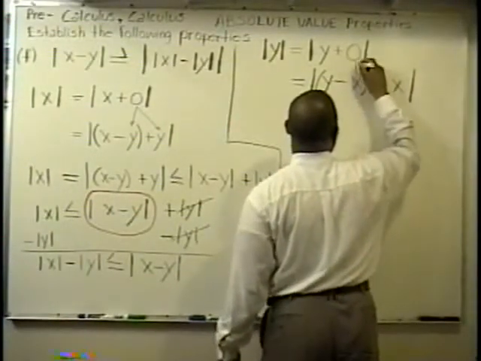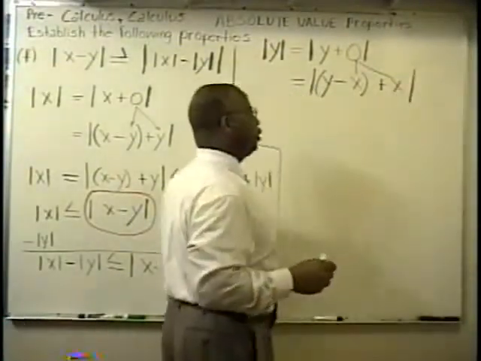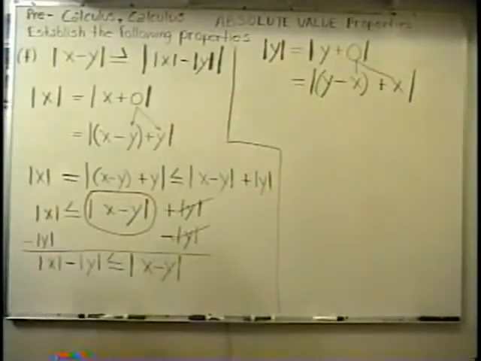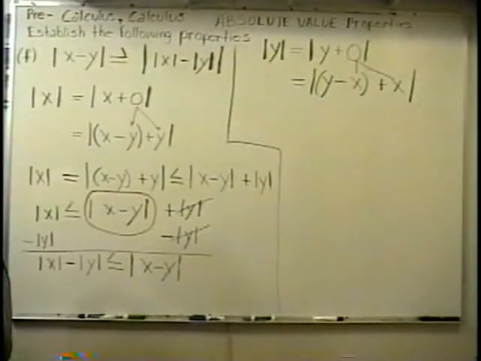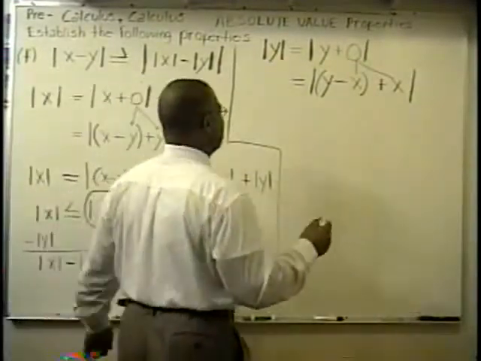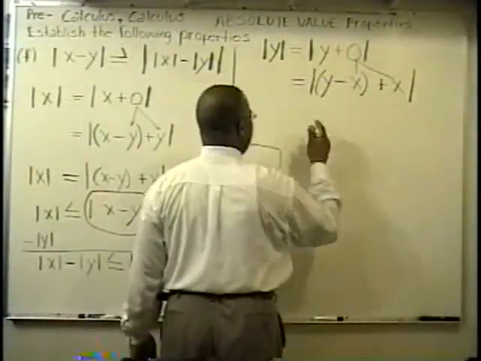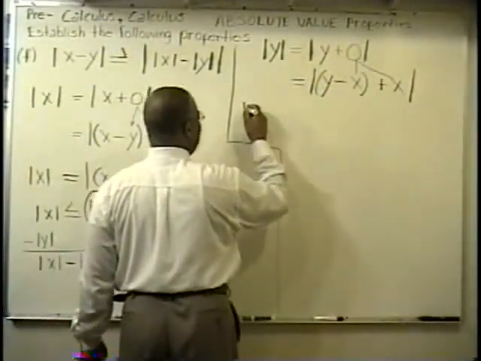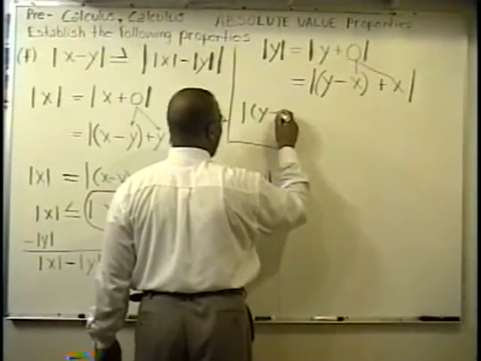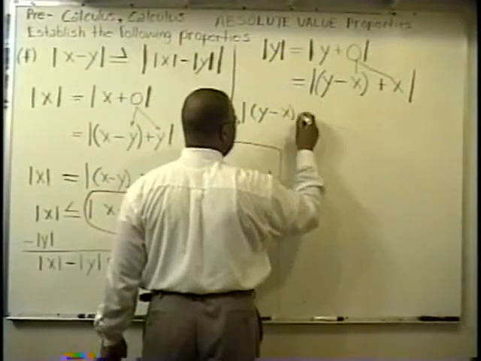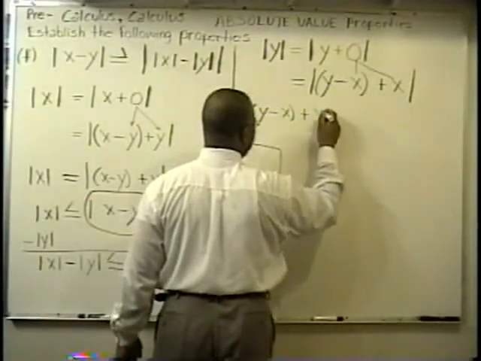And remember that this is our replacement for 0. Okay? All right, ladies and gentlemen, so far, here's what I have. I'm going to have to do this separately. Now, using the triangle inequality, I have the absolute value of y minus x plus x.